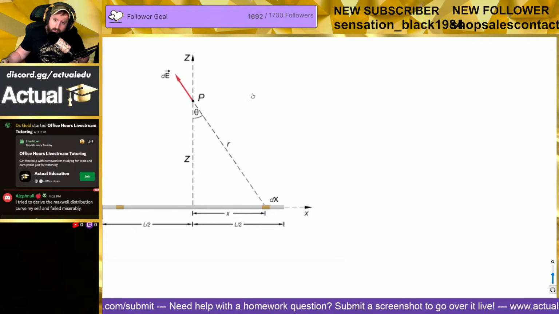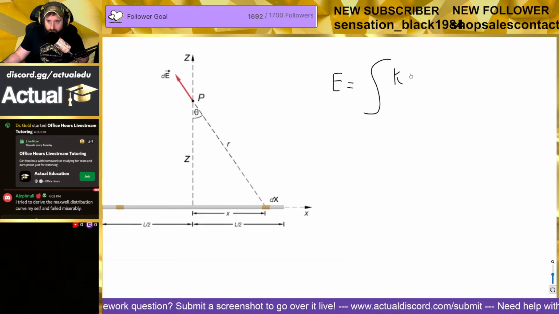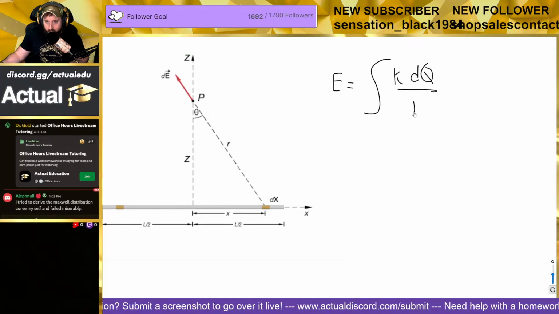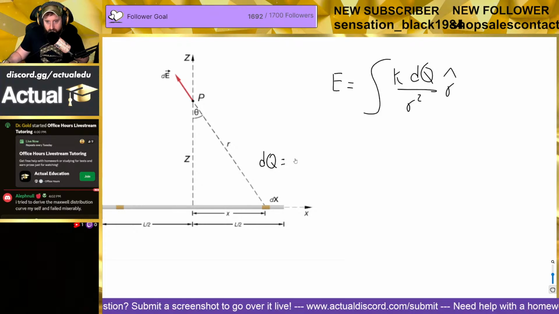So the general equation for an electric field is E equals the integral of k dq over r squared. I don't really like this k hat, so I'm going to say this is just r hat. It always points back in the direction of r. If you have a charge density lambda, then dq is equal to lambda dx.